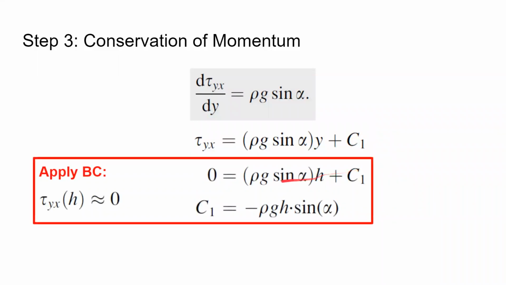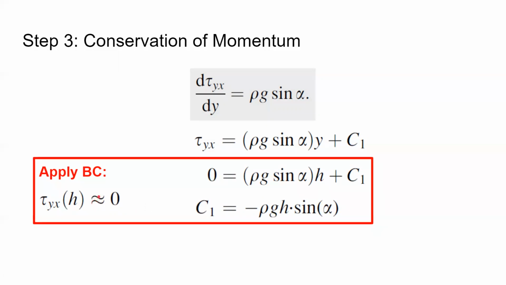Well, we apply our boundary conditions. This is not to be confused with the next step where we apply more boundary conditions, but this is through boundary conditions of our system and our shell. So right over here, we know shear stress at H is equal to 0. This is the gas and liquid interface.